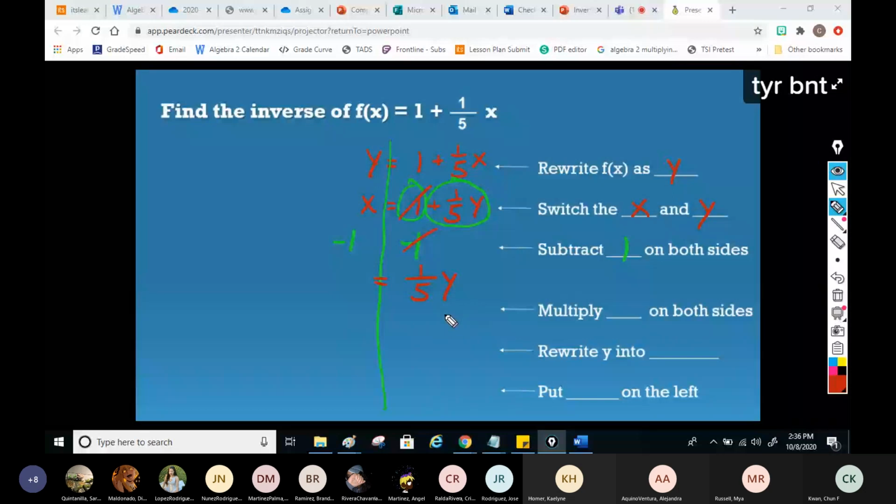That's all you have left, just the 1/5 times y. And then on the left right here, the x and the -1, they are not like terms. You can't combine them. So just rewrite the whole thing like this. There is nothing you can do because they are not like terms. So that's good because now you don't have to do anything. Just write the whole thing out, the x and the -1.